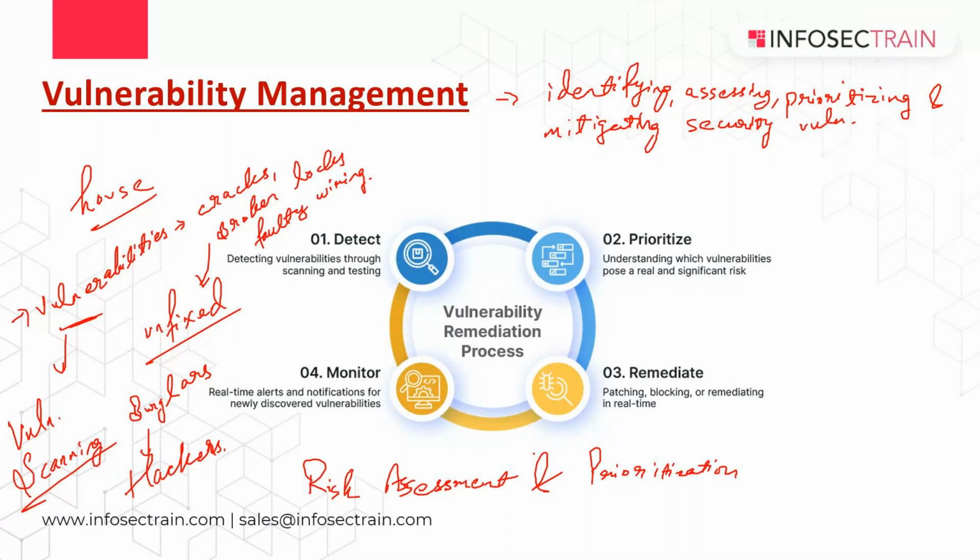Then your patching and remediation is done. Patching and remediation is like repairing the broken lock, sealing the cracks, and fixing the wiring to make the house secure. And finally, we go for continuous monitoring.